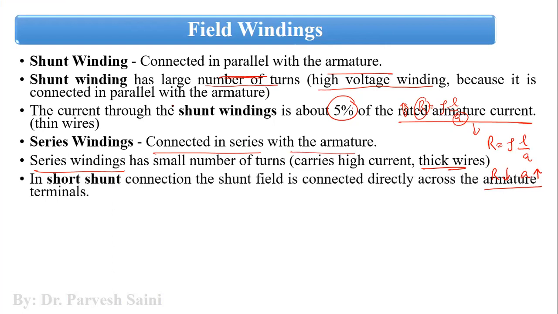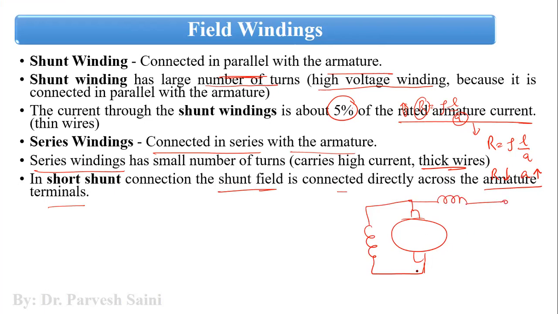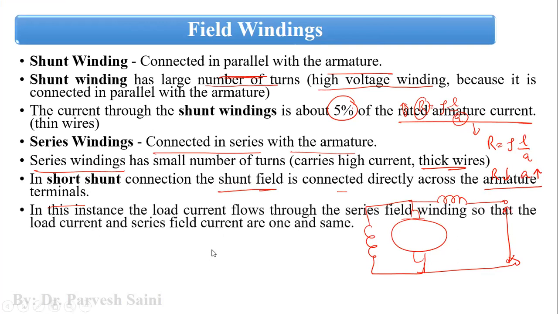Then we have short shunt. So in short shunt, the connection shunt field is connected directly across the armature terminals. Okay, so as you have already seen in previous slide, so in short shunt we have armature, and we have the shunt winding here like this. Then we have a series winding which is connected in series with the terminals here, right? So this is short shunt. Then we have long shunt.